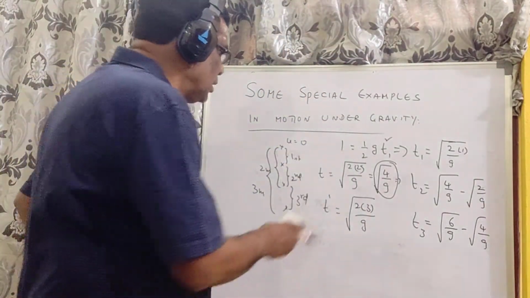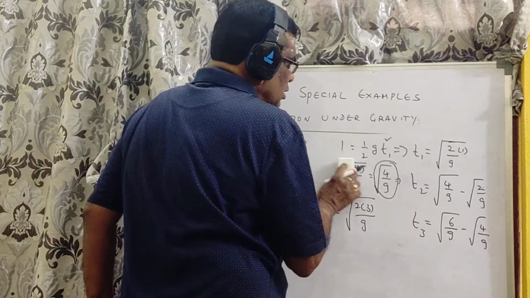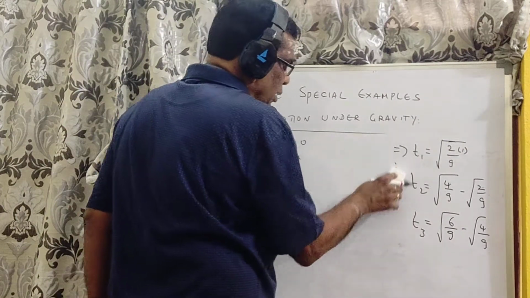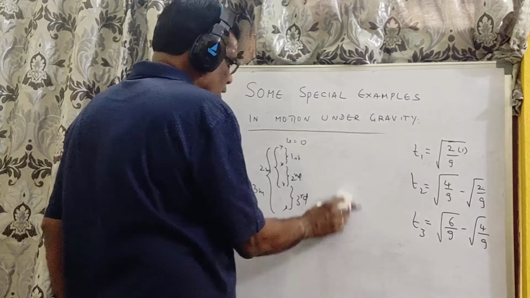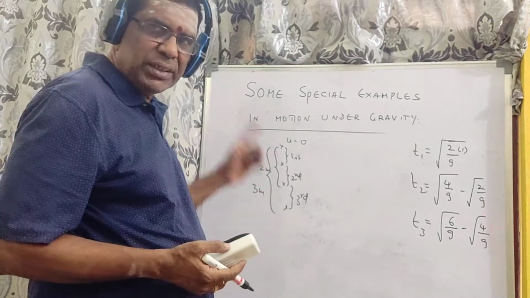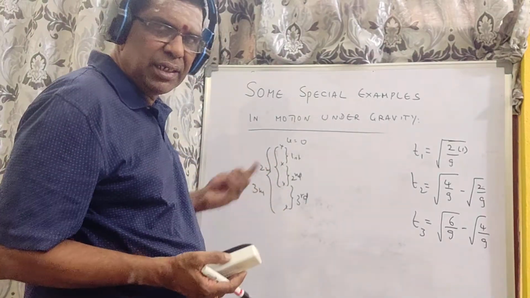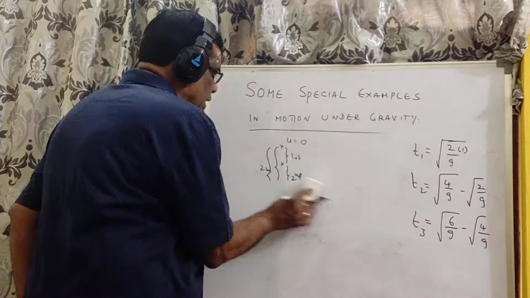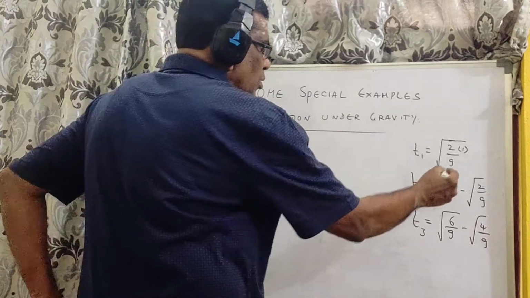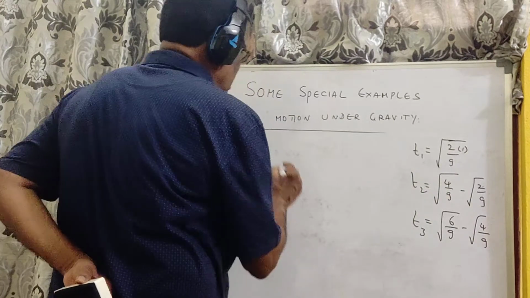Now, I want to get the ratios of the times taken for a dropped body. Remember, the ratios of times taken for the dropped body to cover the first meter, second meter, third meter, and subsequent 1 meter intervals. Simply take whatever is common. What is common here? Under root 2 by g is common.